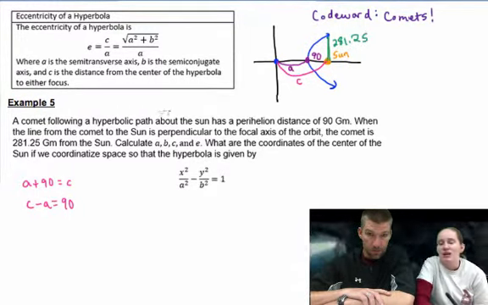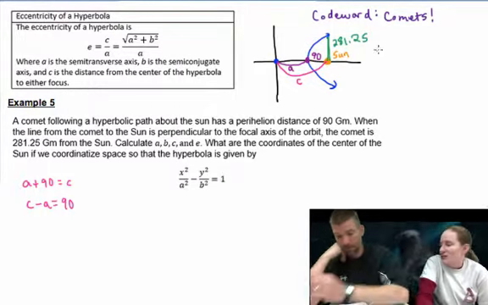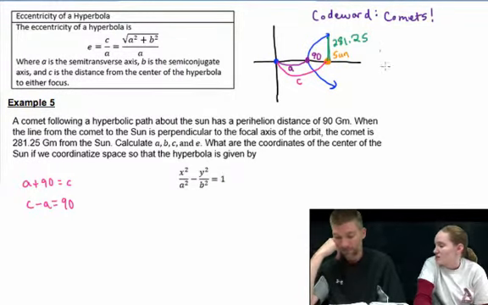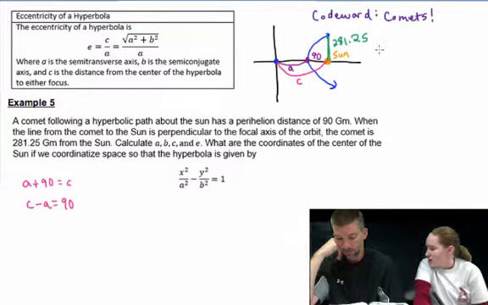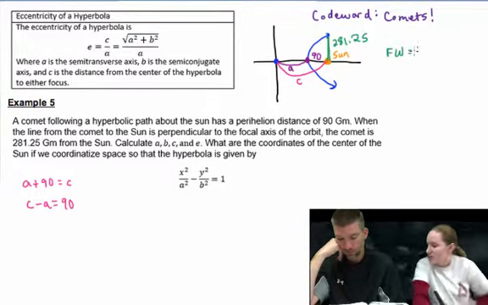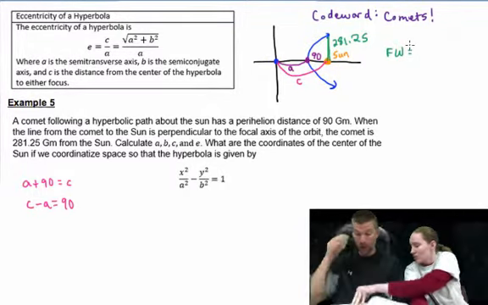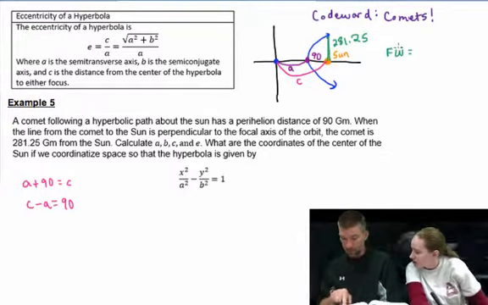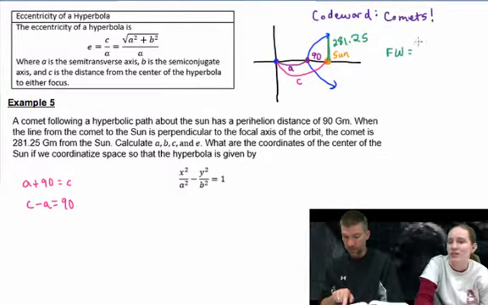And we're just going to tell you something that's true, that our focal width for a hyperbola is 2b squared over a.